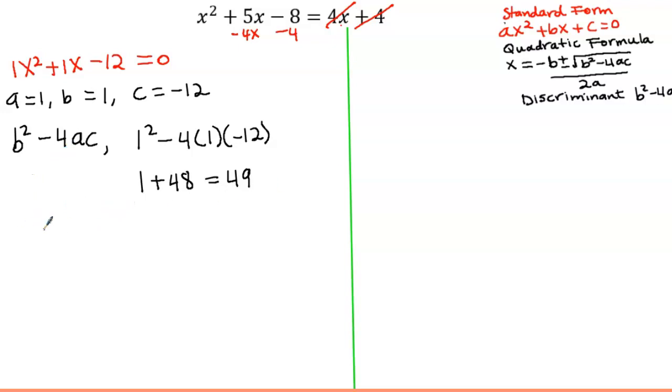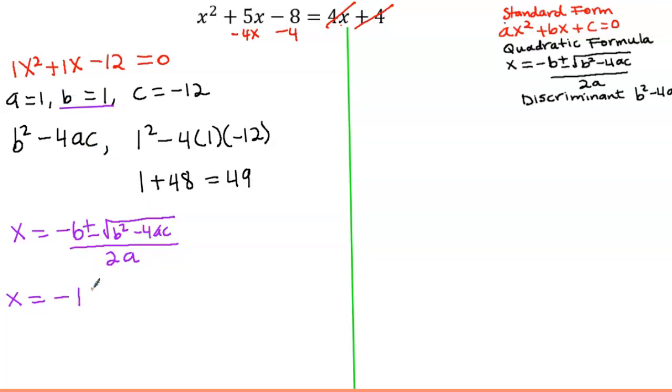Okay, so now we pick our quadratic formula, which is x is equal to negative b plus or minus square root of b squared minus 4ac, all divided by 2a. Our x is equal to, the b is 1, so negative, and you bring your 1, you bring your plus or minus, and remember we have already done the discriminant, and that gave us 49, so we put it right there, all divided by 2 times a was 1, so 1.